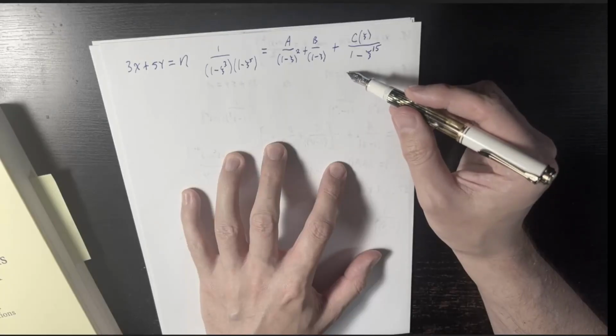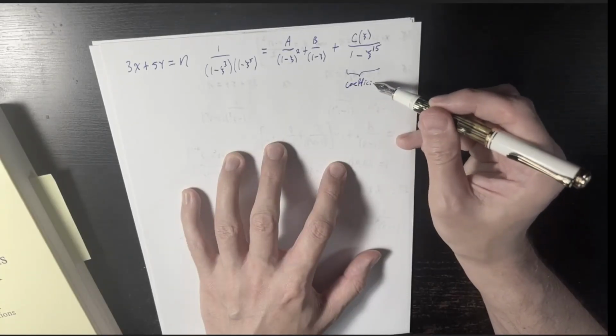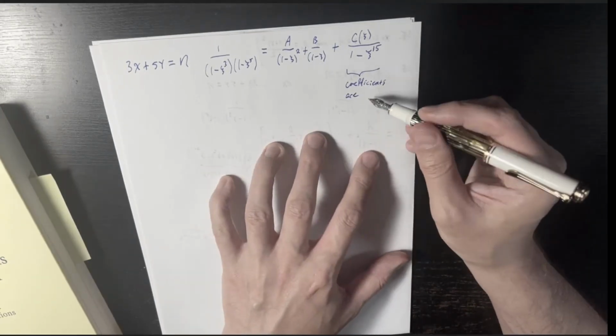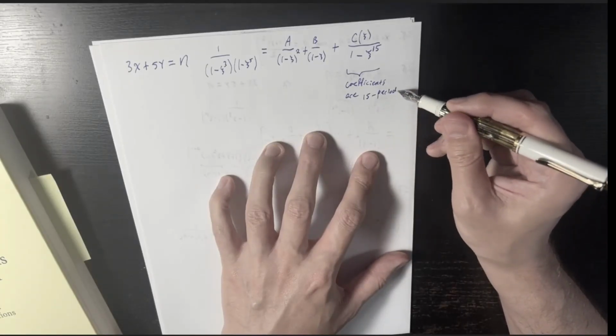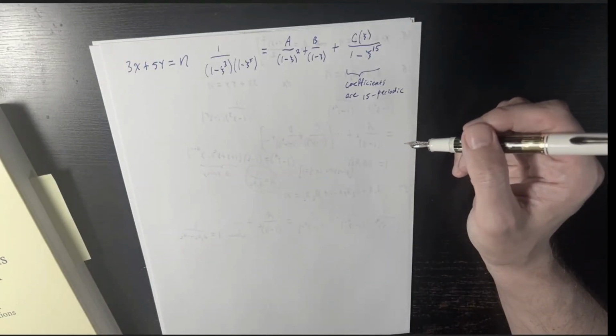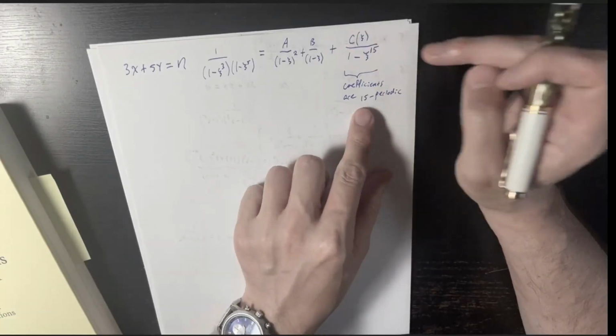And the coefficients on this term repeat themselves. I mean, if the c was 1, it's obvious because all the coefficients are just 1.